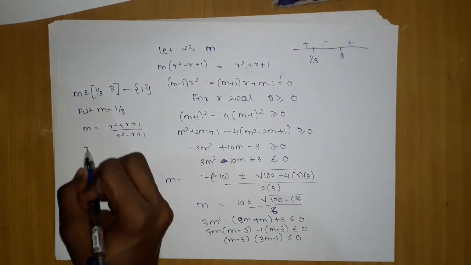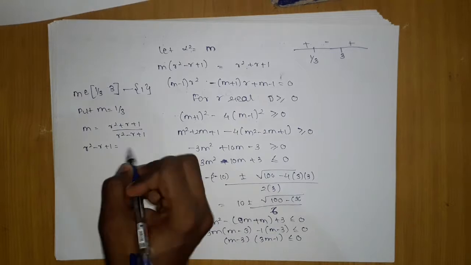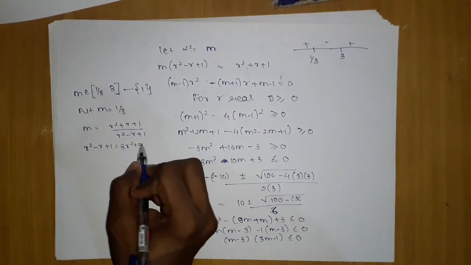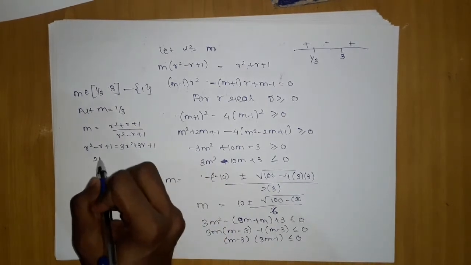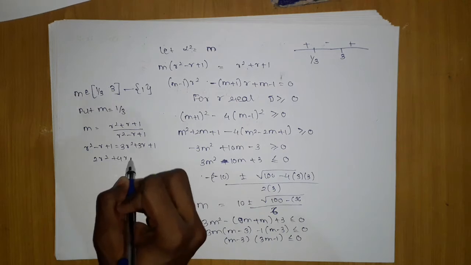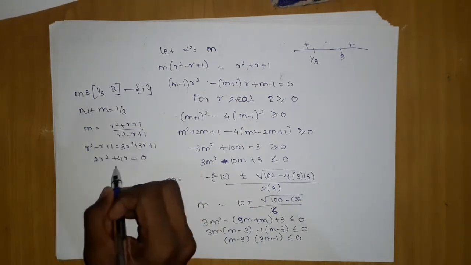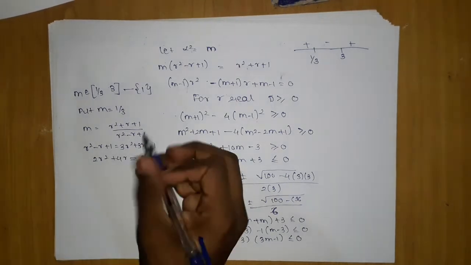Since m is 1 by 3, it becomes r square minus r plus 1 equals 3r square plus 3r plus 1, giving finally 2r square plus 4r equals 0. Actually, there is one issue: this will be 3.